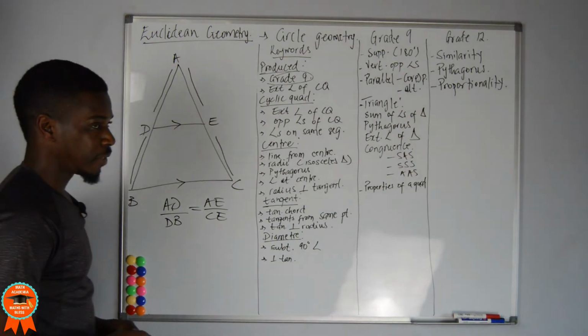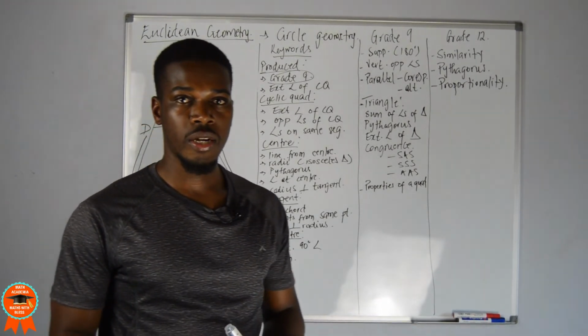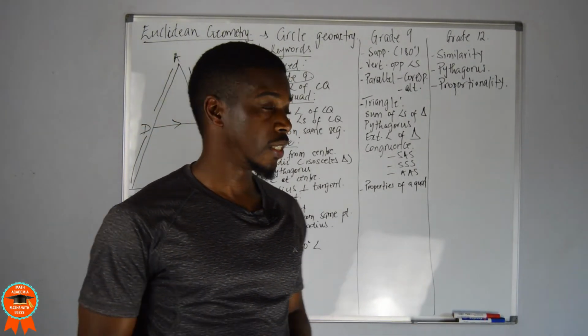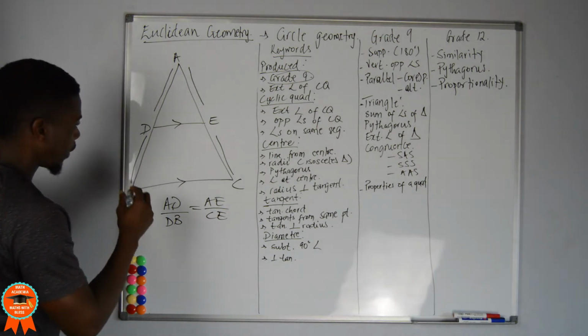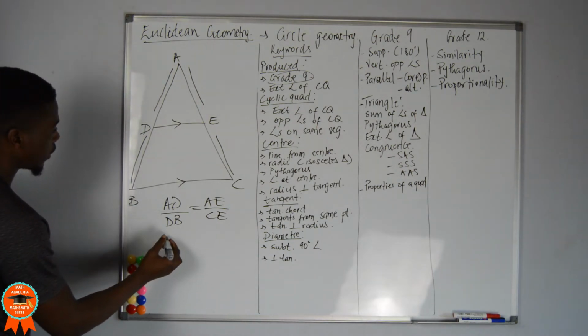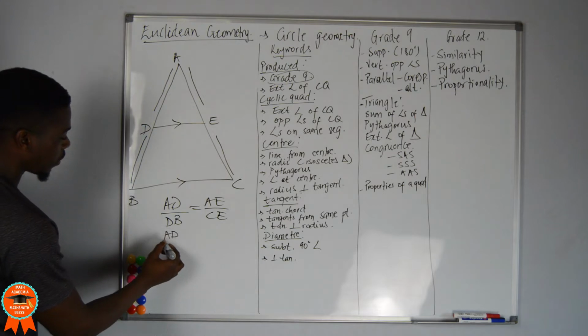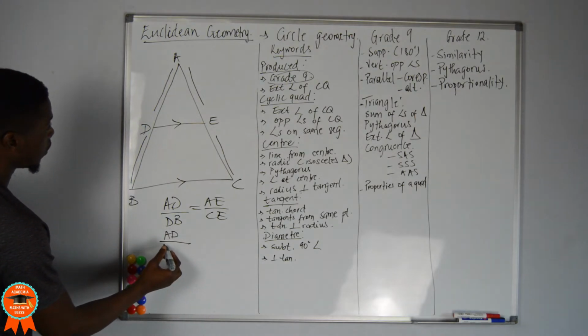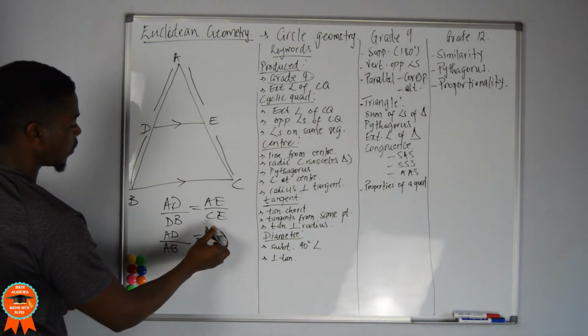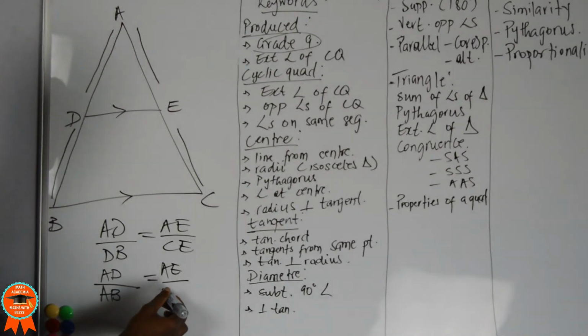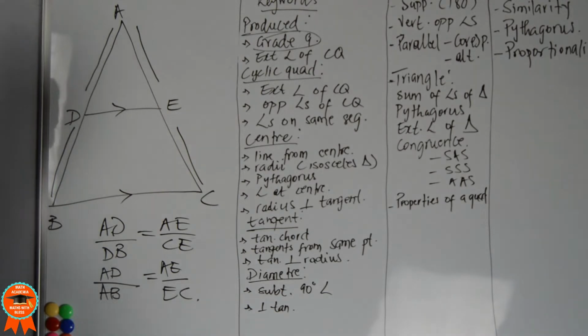The units can be different, but the proportion on the left and the right is the same. And then we can also express it in other terms, any terms we want. We can say AD over AB is equal to AE over EC.